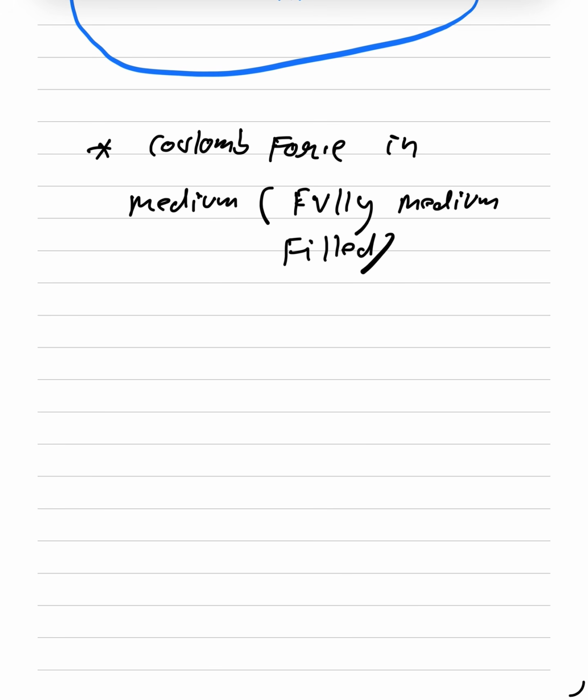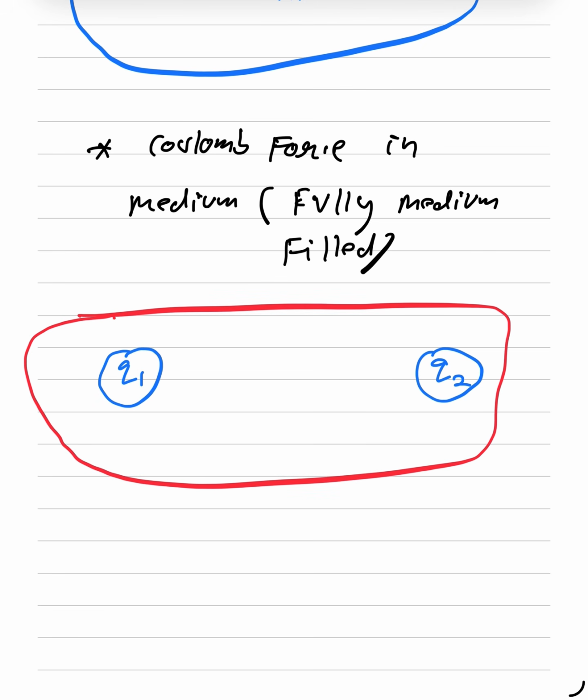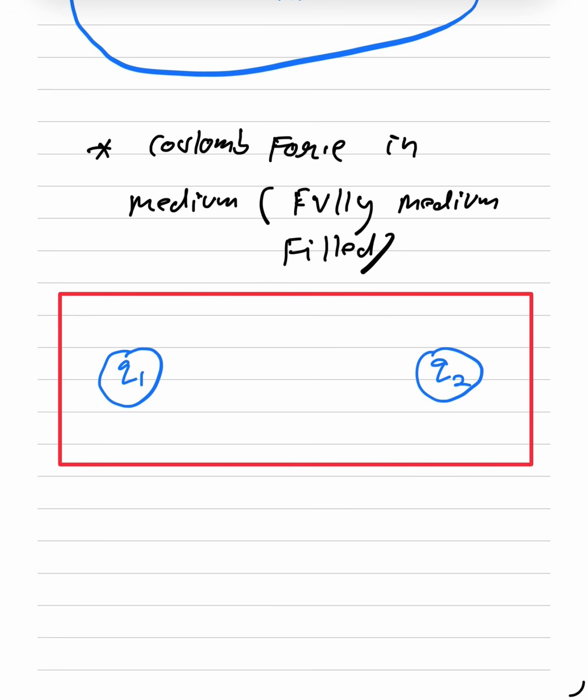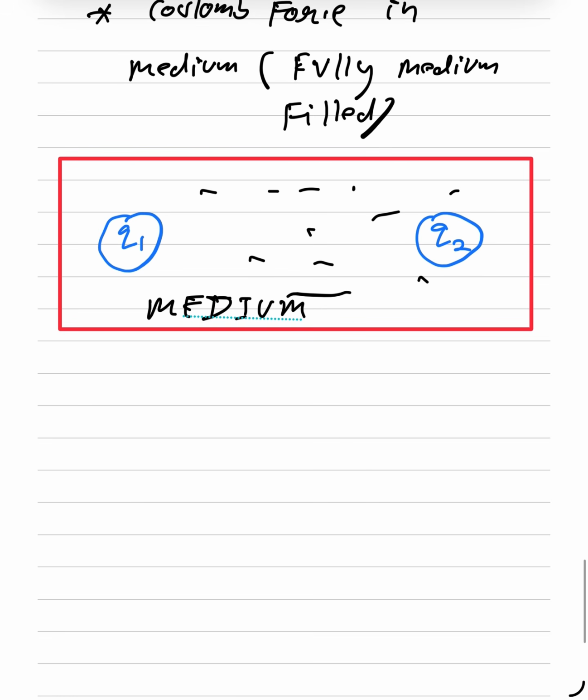In this situation, suppose that this is a point charge Q1 and this is a point charge Q2 and the complete medium is filled. The dielectric constant of the medium, epsilon r, or small k, equals epsilon divided by epsilon naught.